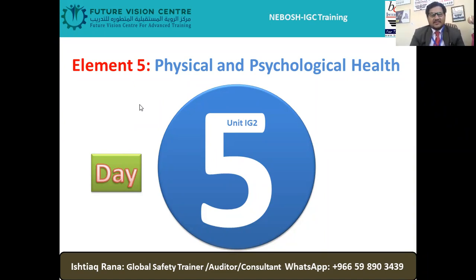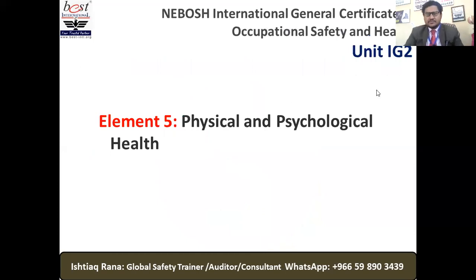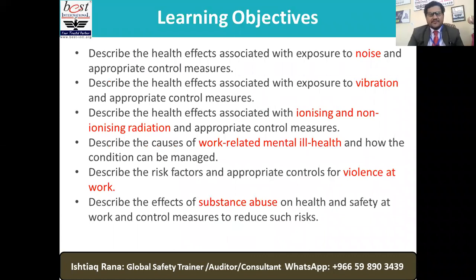So let's start day 5 with element 5, physical and psychological health. That is the topic. And from that topic, we have a few learning objectives. We'll target some of the hazards or risks, and we'll discuss how they can affect our health and what the best controls are.